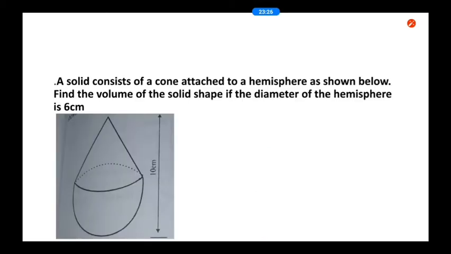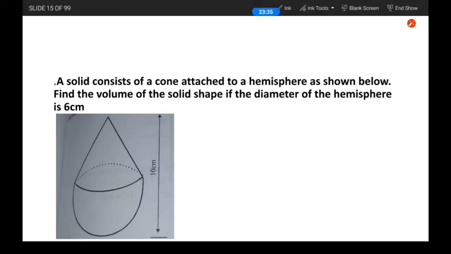Hey, look at this question. We call it a composite shape. Now, a solid consists of a cone. You have to read to understand what they are saying. Of a cone, it has been said, and a hemisphere. What is a hemisphere? Hemisphere is just half of a sphere.